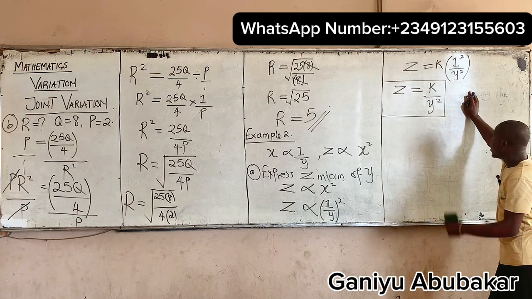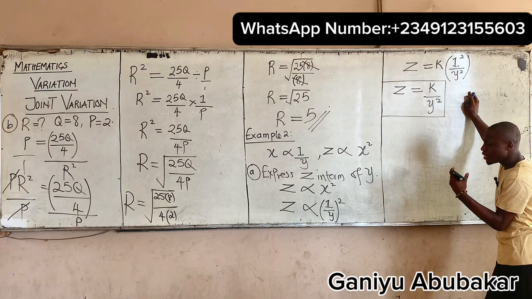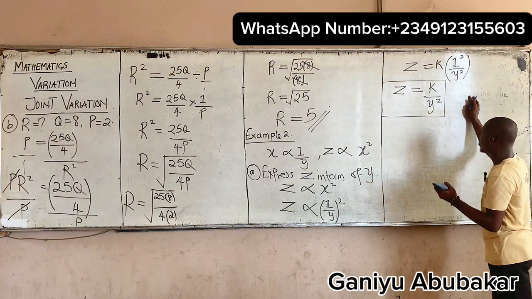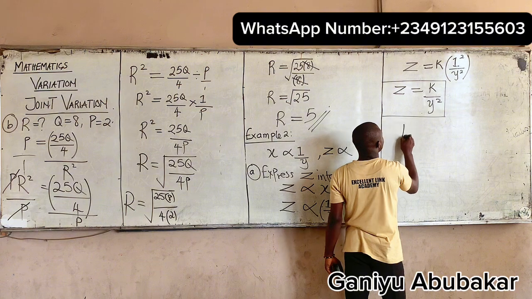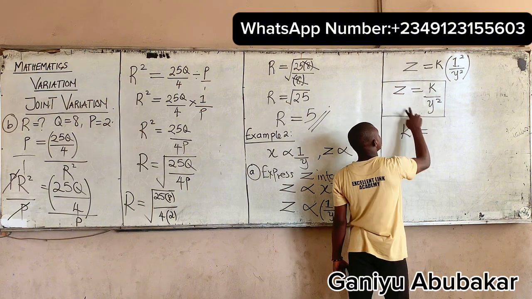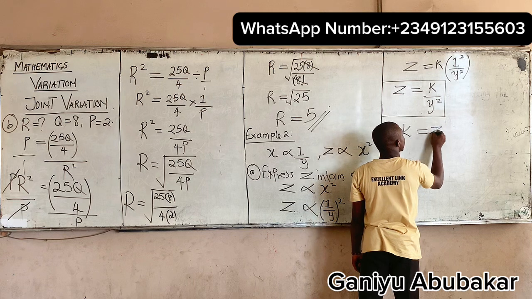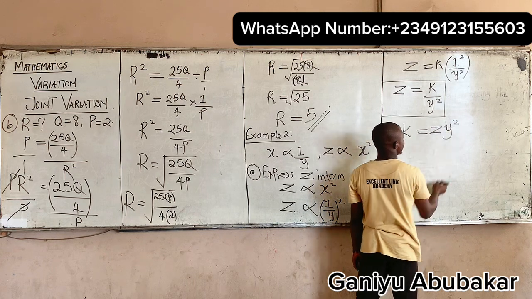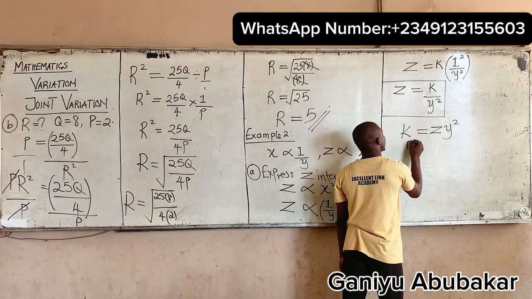By the way, let's get k. If z is 5 and y is 8, let's find k. If I want to make k the subject, k is equal to z times y squared.